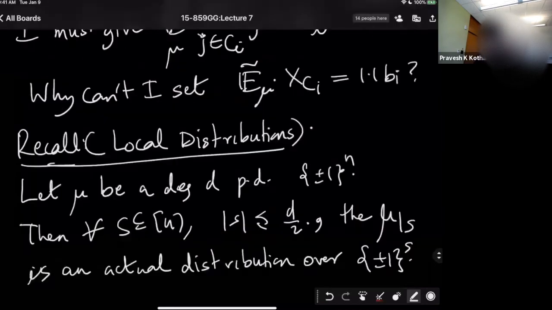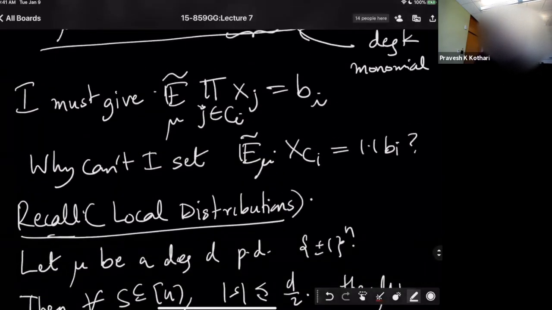So now, I'm trying to construct a C prime n degree pseudo distribution. In particular, the number of variables in CI is like k. K is much, much smaller than C prime n. It's a fixed constant. So the marginal of mu restricted to the variables in CI must be an actual distribution. And there is no actual distribution over variables in CI that makes the monomial take a value bigger in magnitude than 1.